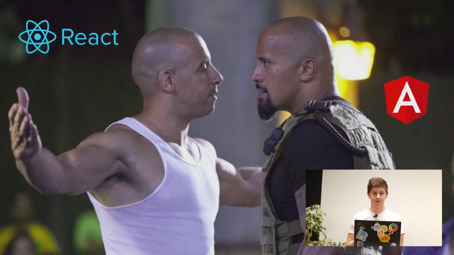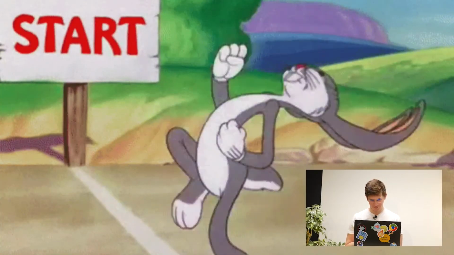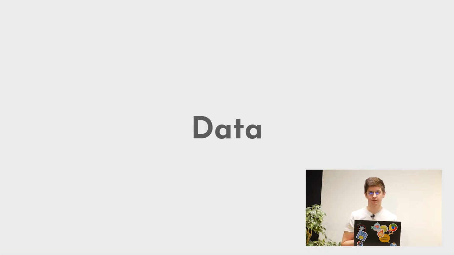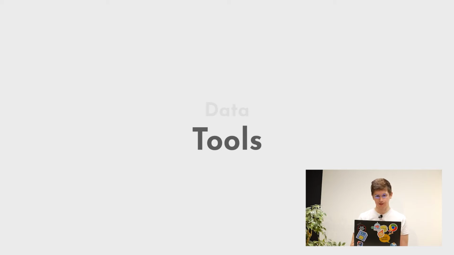Let's start with basics. You have to know about your data. Somehow all my performance problems were connected to data. We have a lot of rows to display, or the data was so strange we had to transform it, and we had a lot of problems with this kind of data. Second one, tools.